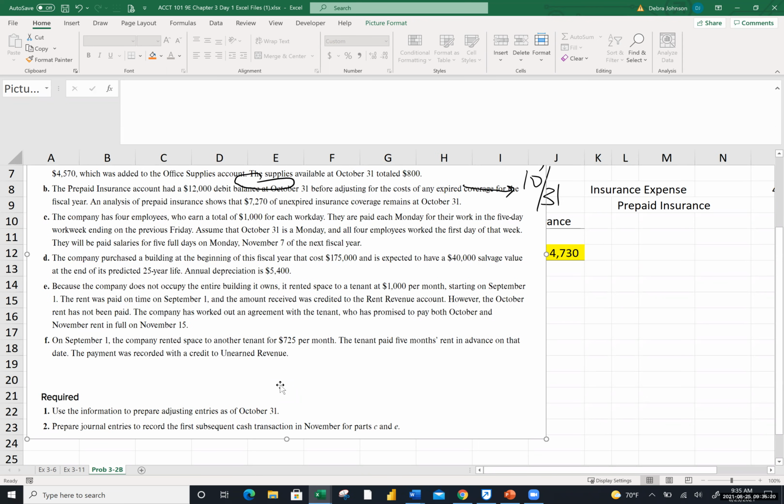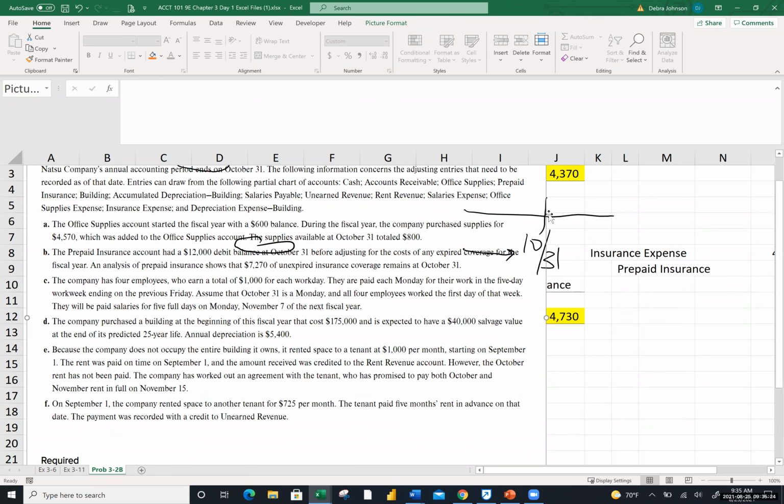Assume that October 31st, going back to our little timeline here, is a Monday. So there's the last day of the fiscal year. That means that 1 day worth of wages would need to be accrued, because on that cutoff date, our employees had only worked 1 day, Monday, for which they had not been paid.